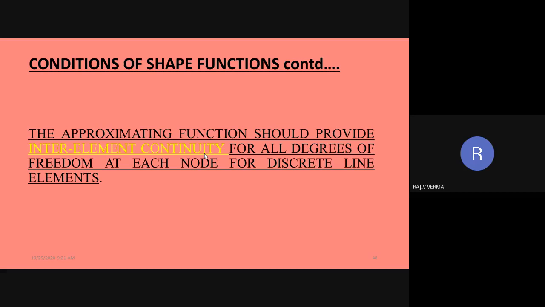Obviously, if the common node has two different values of deformation corresponding to two different elements, it means that the node has broken. There is a crack which has appeared in the domain after the deformation. So this is what is meant by inter-element continuity.